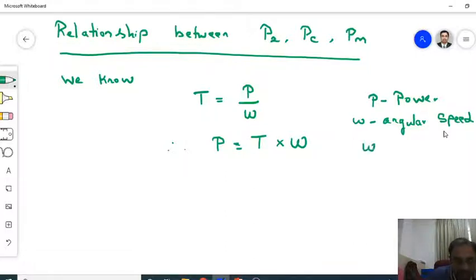That is omega equal to 2 pi N by 60, where N is the speed in RPM.